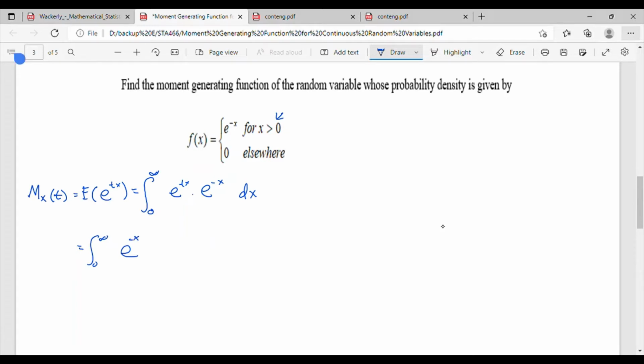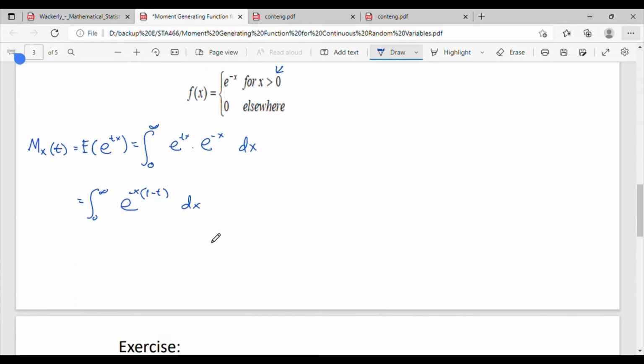Dia punya index ni kita boleh plus the index, so it will be tx plus negative x. Tapi my advice, keluarkan negative x sebab senang untuk kita integrate nanti. So dia akan jadi kat sini 1 minus t, betul tak? Okay, negative x, 1 minus t.